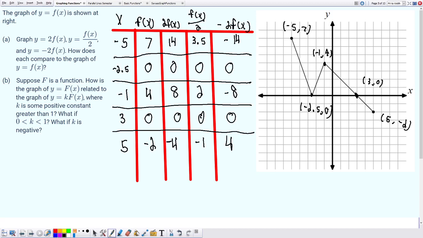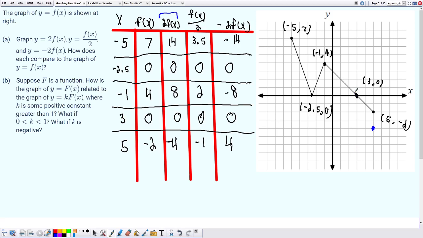Okay, so I'm going to graph 2f of x in blue. So we have 5 and negative 4. It's right there. We have 3 and 0, so that's just going to stay the same.